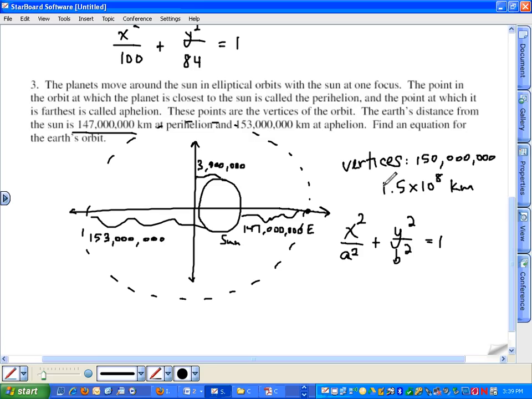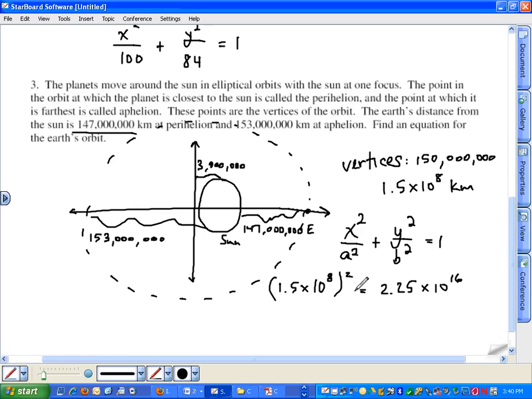If you take 1.5 times 10 to the 8th power and square that, we're going to end up with 2.25 times 10 to the 16th. That's the value of a squared. So that's the value that's going to go underneath the x squared term here.